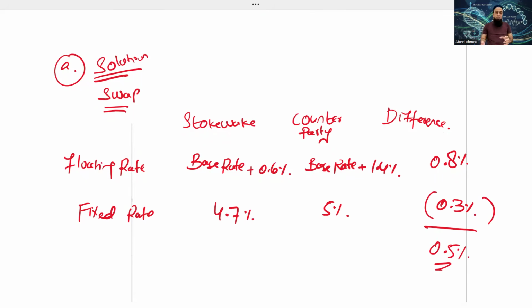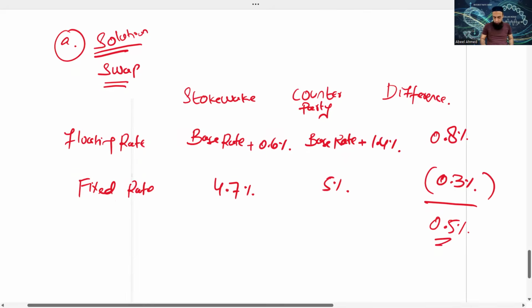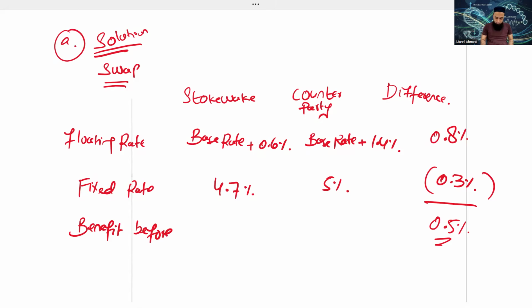But this is the benefit before the bank fee. It will be shared equally. That is, each party will get a benefit of 0.25%, which is before the bank fee.